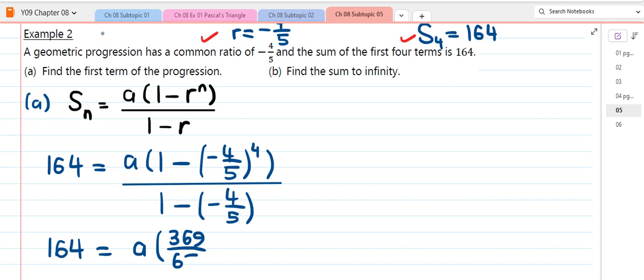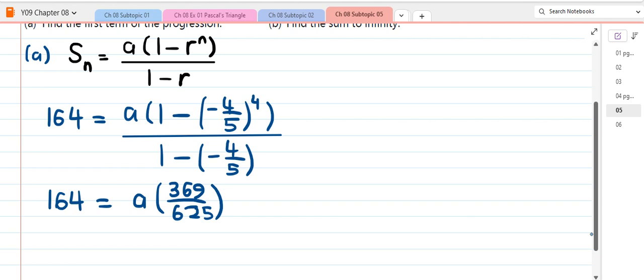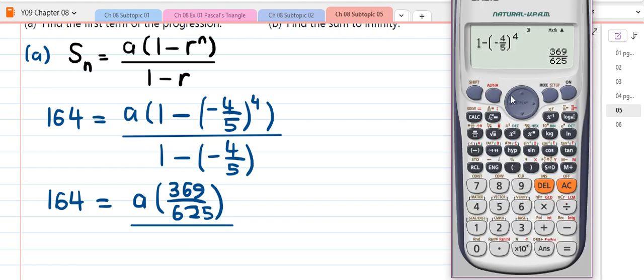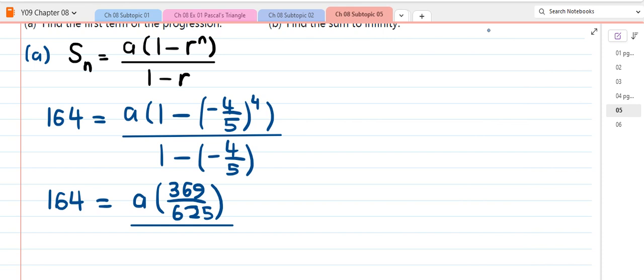625, over this one, 1 minus negative 4 over 5. This is just power 1. So this is 9 out of 5.